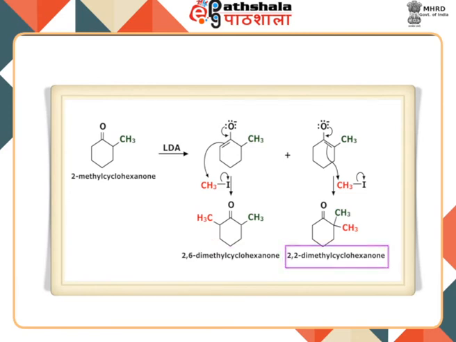Celsius. The enolate leading to 2,2-dimethylcyclohexanone is the thermodynamic enolate because it has the more substituted double bond, making it the more stable enolate. Therefore, 2,2-dimethylcyclohexanone is the major product if the reaction is carried out under conditions that cause enolate formation to be reversible, and if a less hindered base like potassium hydride is used.